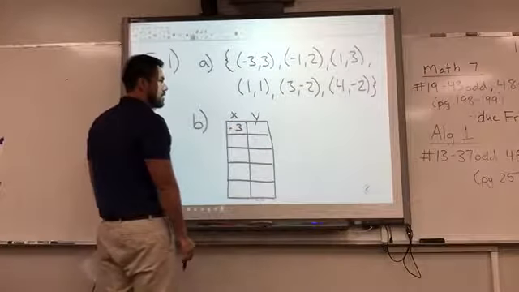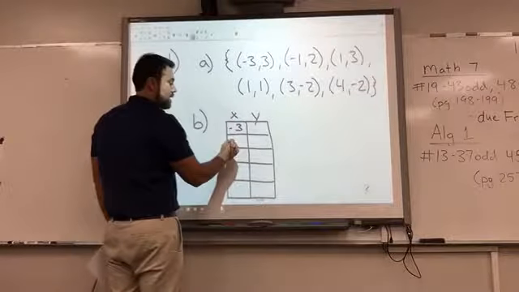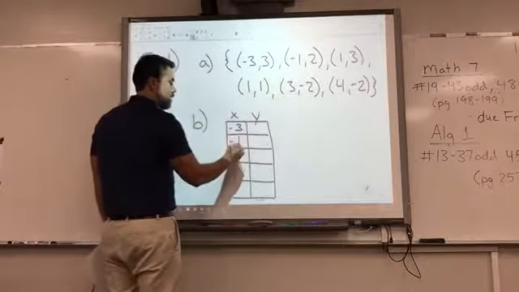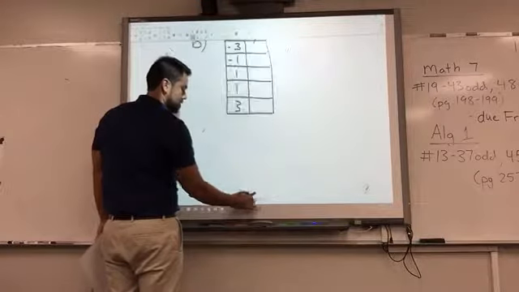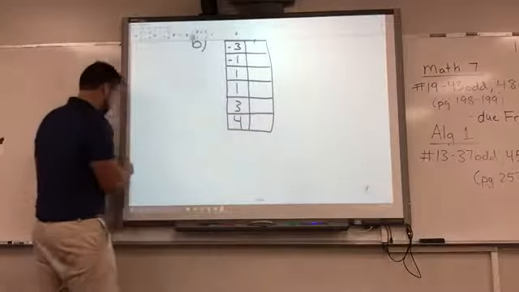Next one? I would say the next one would be -1, then 1, then 1 again, then 3, and see what I have to do? I'm just going to create another one. That's 4, I think, right?